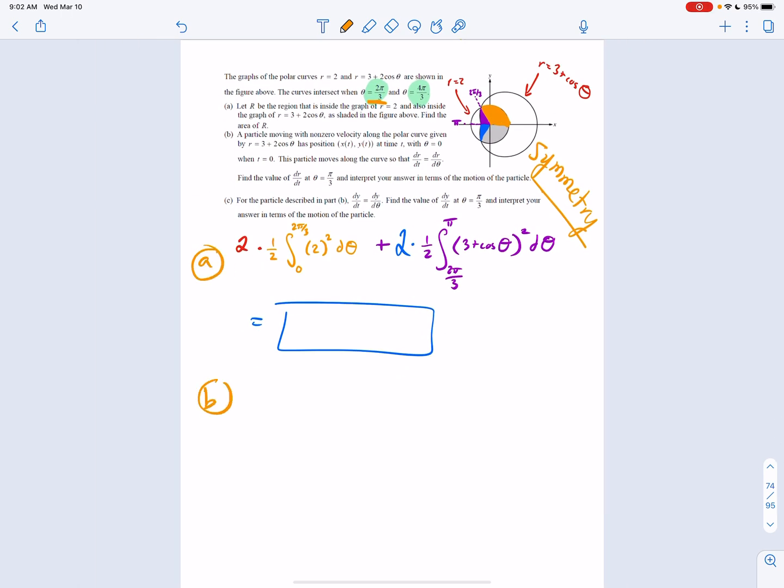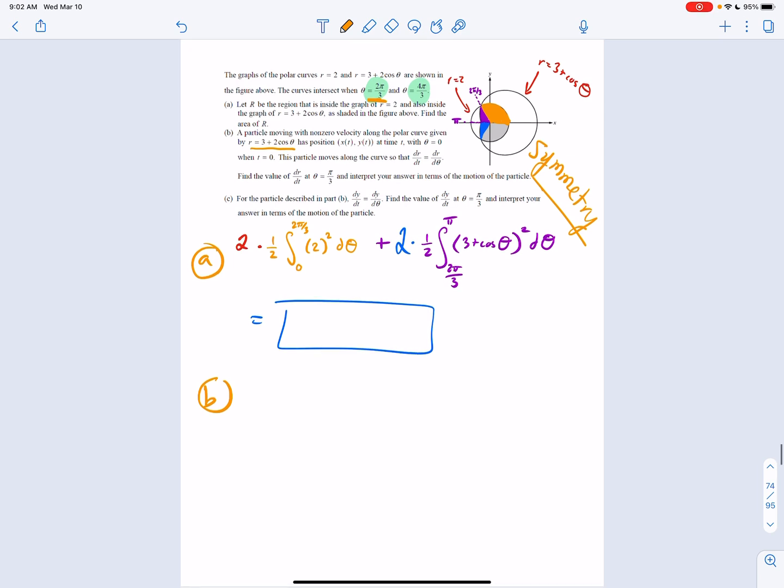Part B, they're asking you about a particle moving with some type of velocity along the polar curve given by r equals 3 plus 2 cosine theta. That's the cardioid there, the one that kind of looks like a weird knotted circle. They tell you that this particle moves, I think I skipped the part.